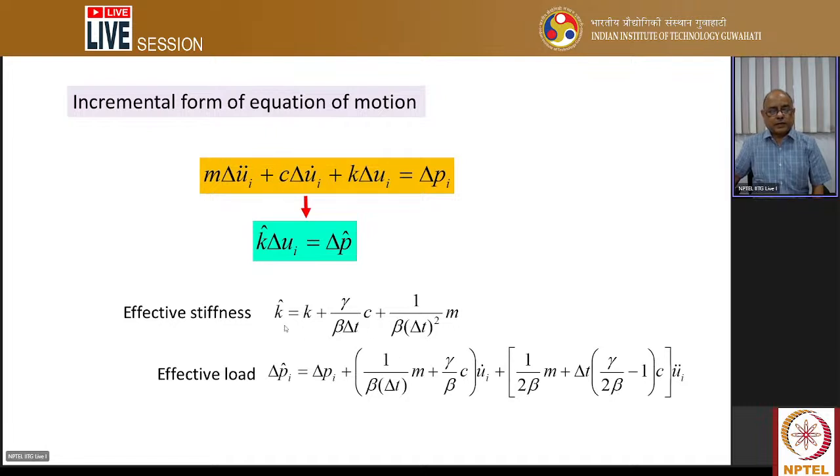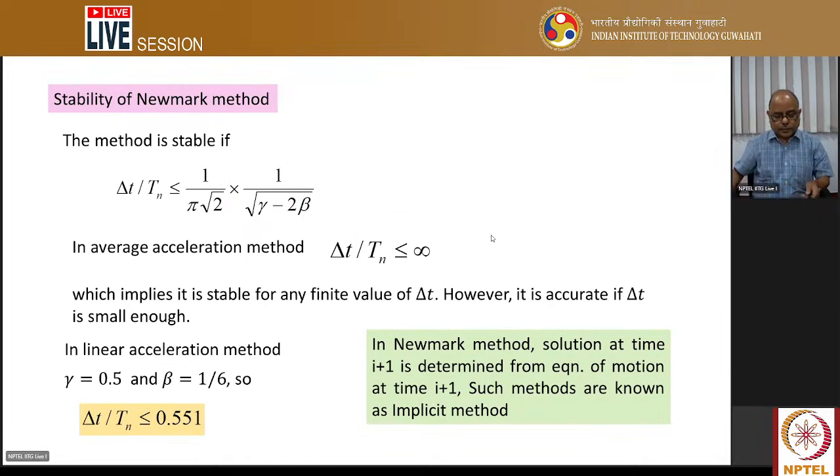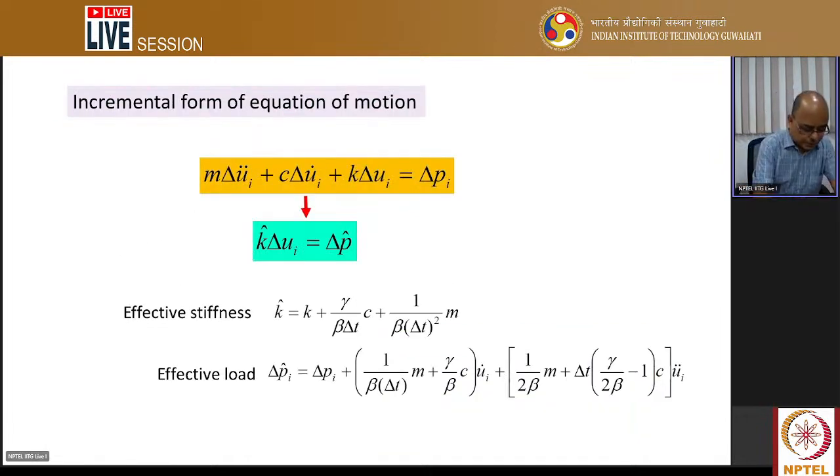So we can find this effective load for any method, average acceleration or linear acceleration method. Then you can also find the effective load knowing the displacement and velocity at the time step I. Now here the acceleration is given, but from the information of displacement and velocity, the acceleration can be determined like that.